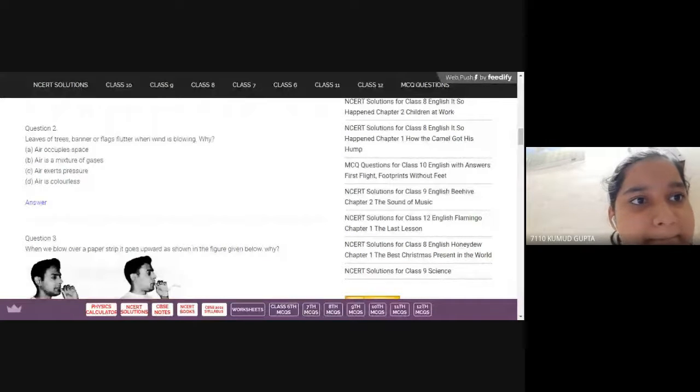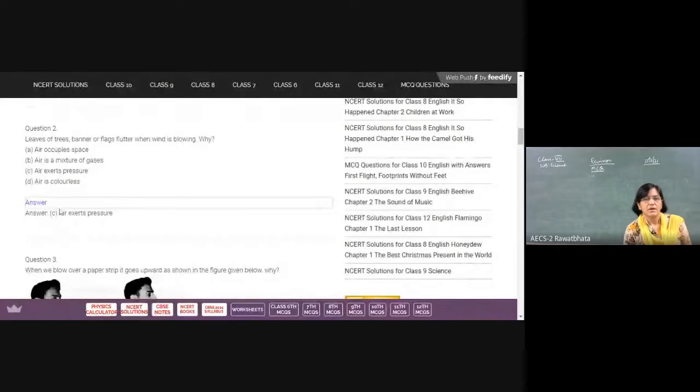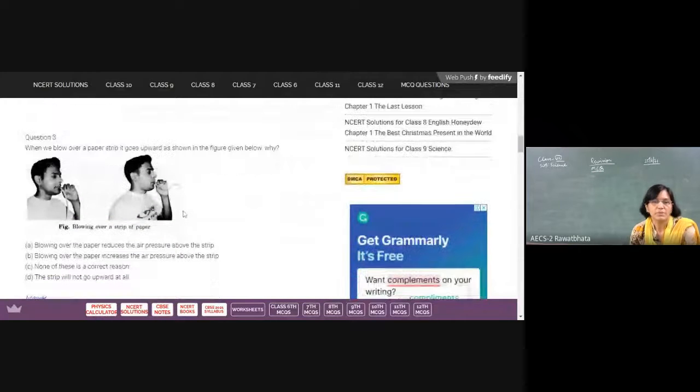C. Let's see. Correct answer. Banners and flags keep moving. They flutter means they move, they fly, because of the presence of air over there. Question number 3.